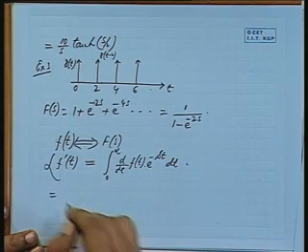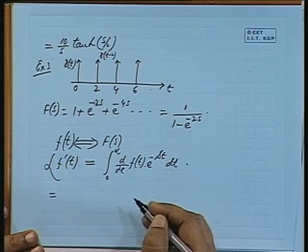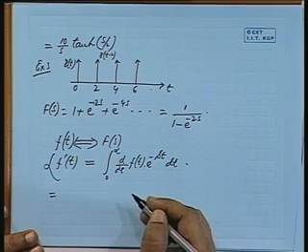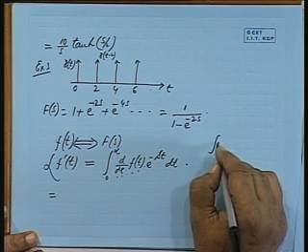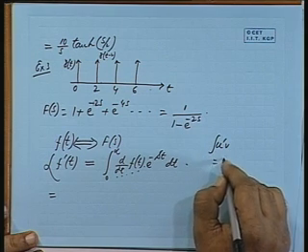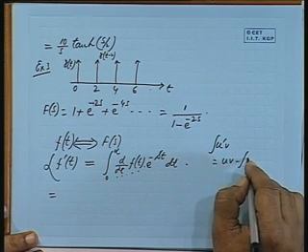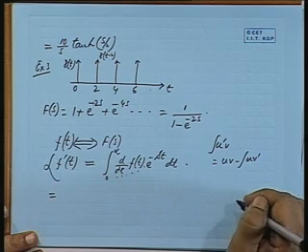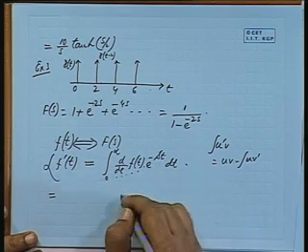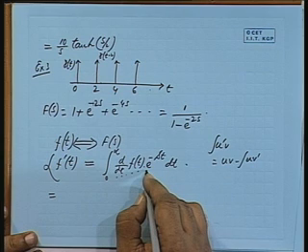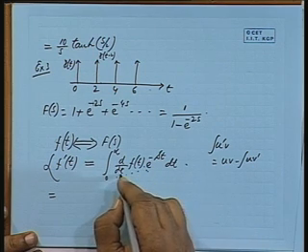So, if you integrate by parts, you can take this as integration of u' v is uv minus integration of u v'. If I take this as v, this can be differentiated, this can be integrated.